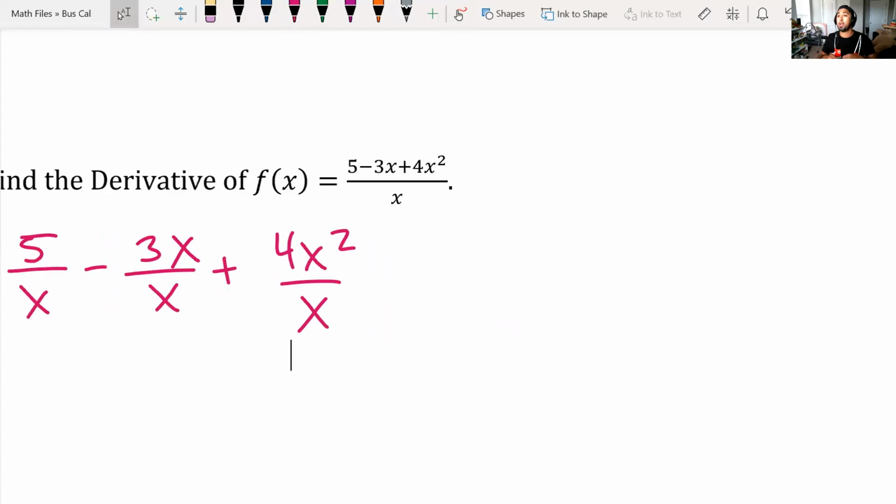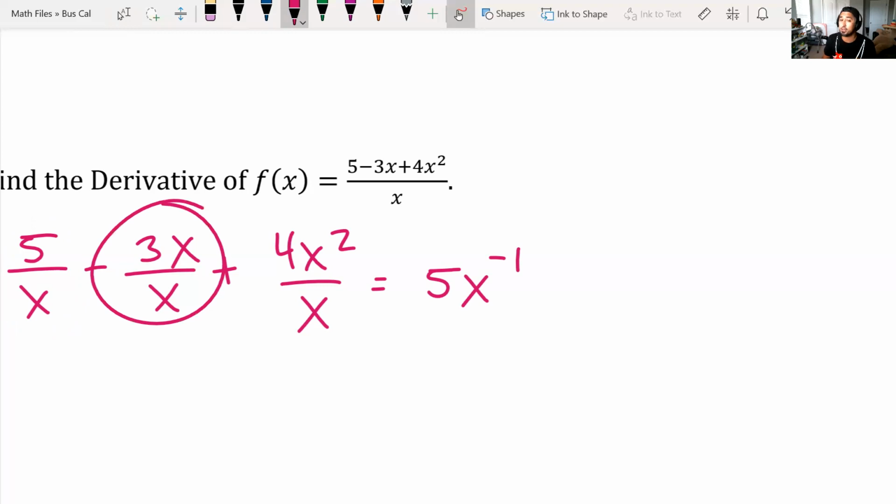We have just broken the fraction into 3, and now we rewrite. The first one is 5 over x. That's going to give me 5x to the negative 1. The next one is 3x over x. Those x's will cancel, and you're left with minus 3.